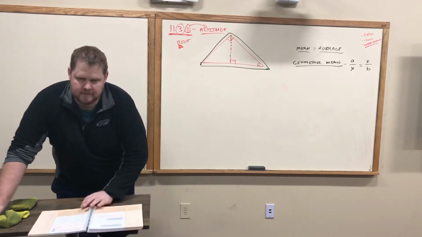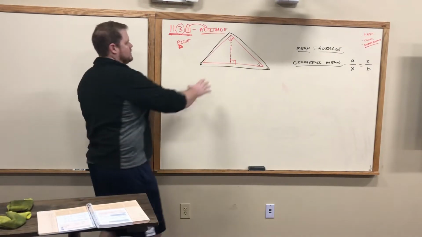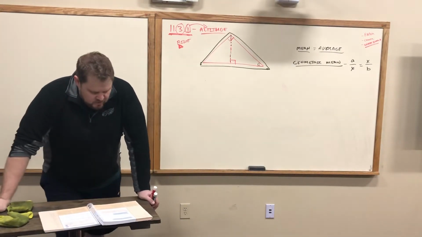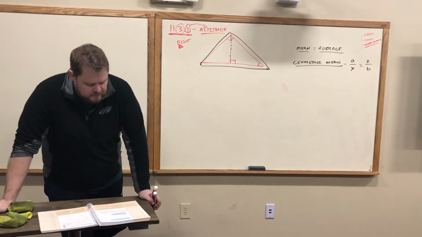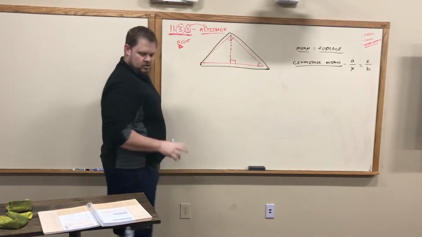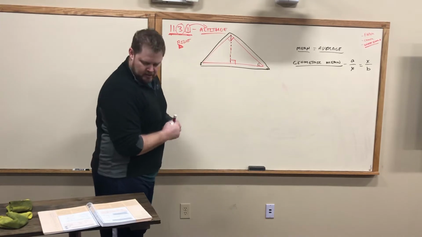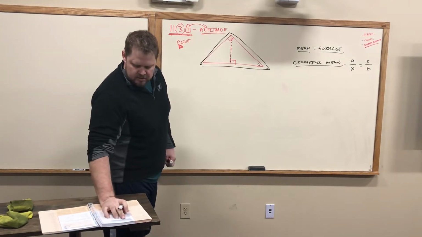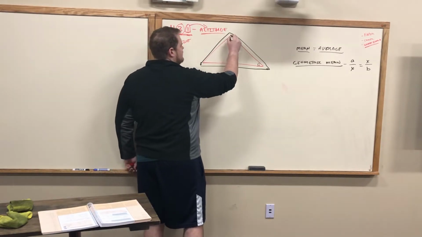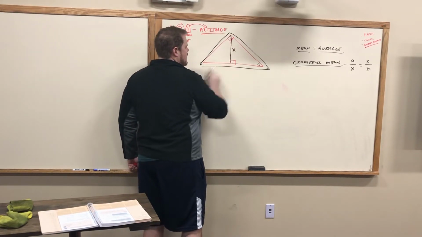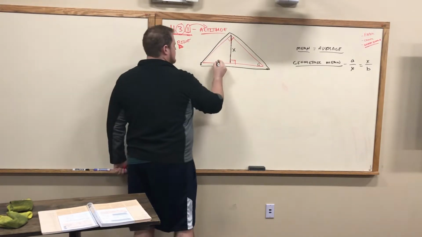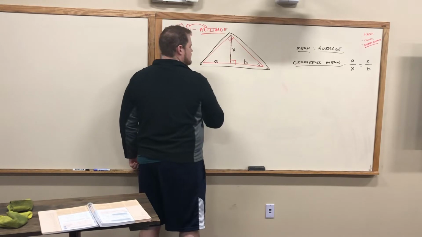So let's think about that for a second. If I were to draw this, here's what we have, and we draw the altitude, right? It's going to make this hypotenuse into two sections. Now listen carefully. It says the length of the altitude, so this distance, is going to be the geometric mean of this and this.